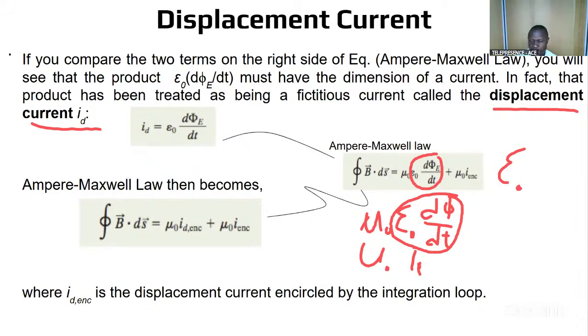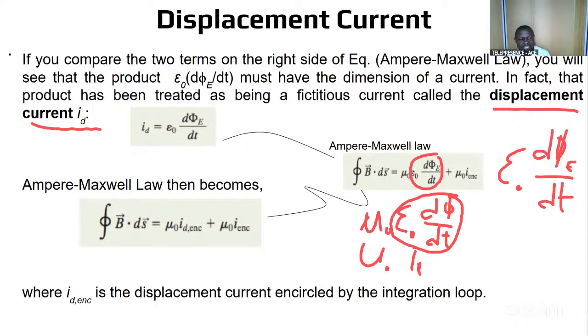epsilon sub naught d phi e dt, and that is known as the displacement current. And this displacement current, we can relate it with the displacement current density.